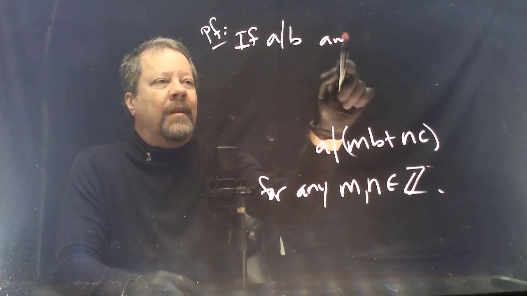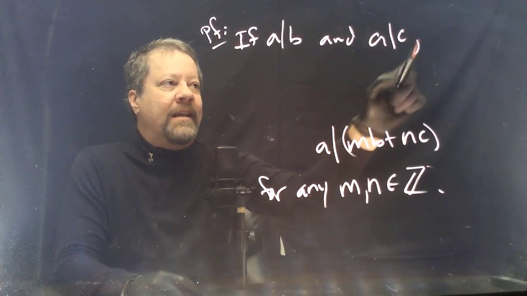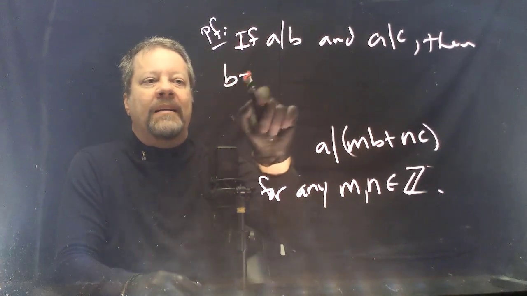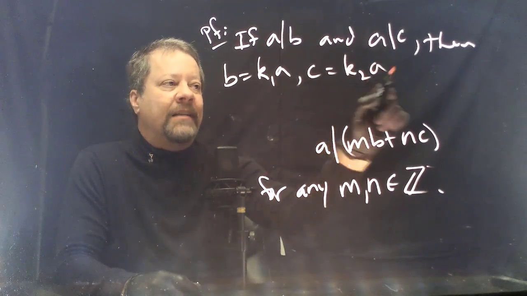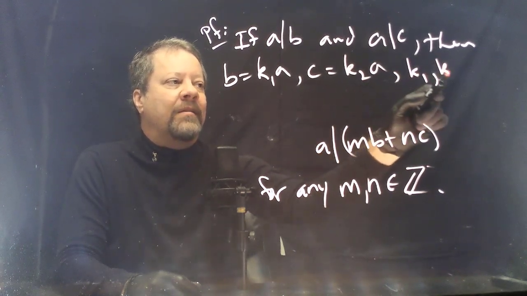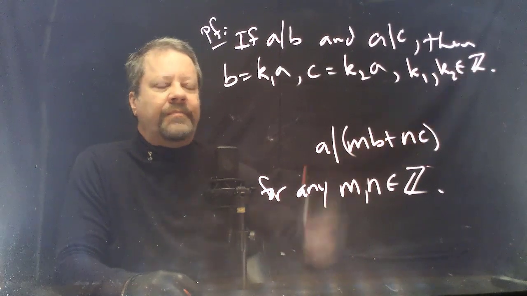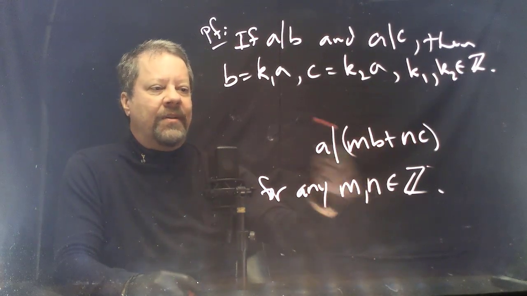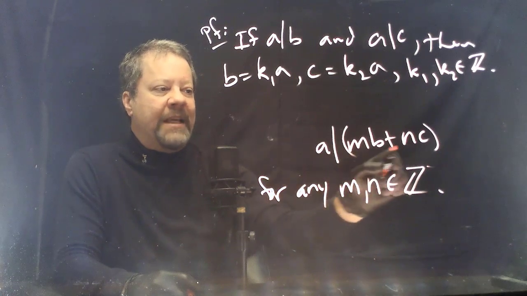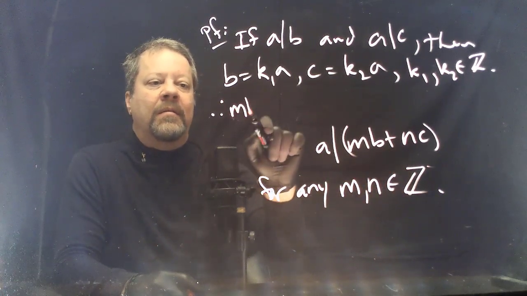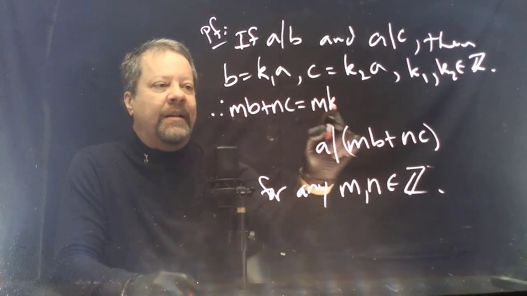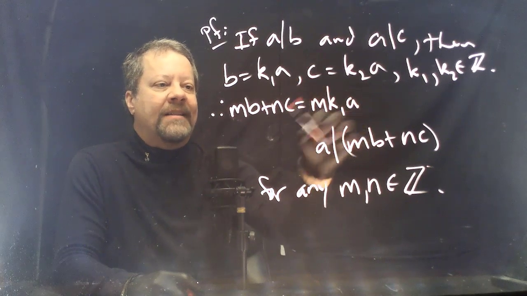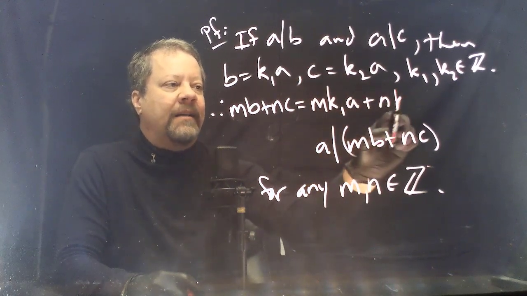If a divides b in our proof, and a divides c, then b is k1 times a, and c is k2 times a, where the k's are integers. Also then, let's look at mb plus nc. b can be replaced by k1 a, and c can be replaced by k2 a.